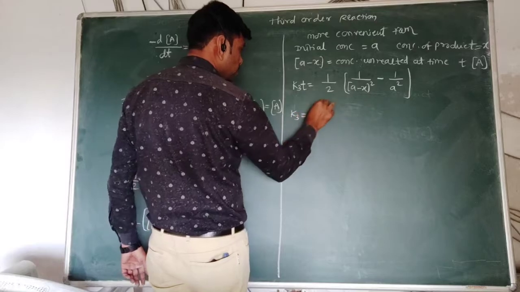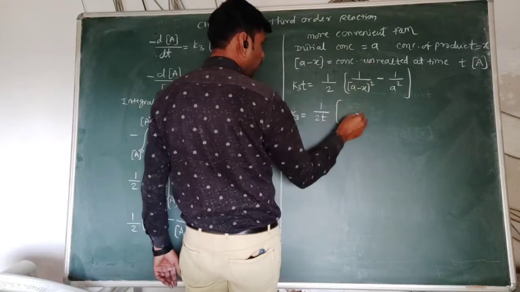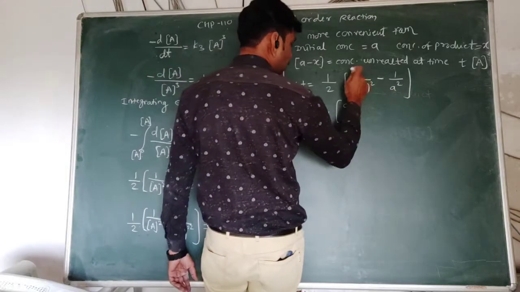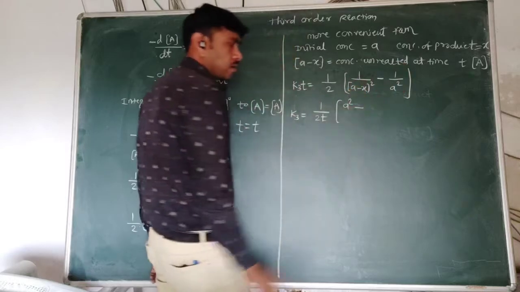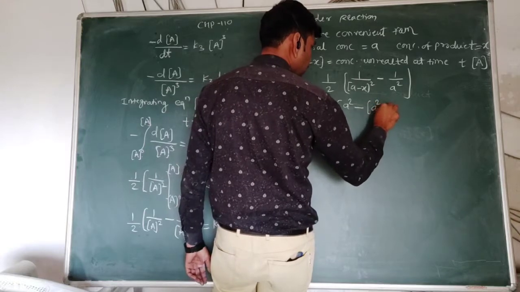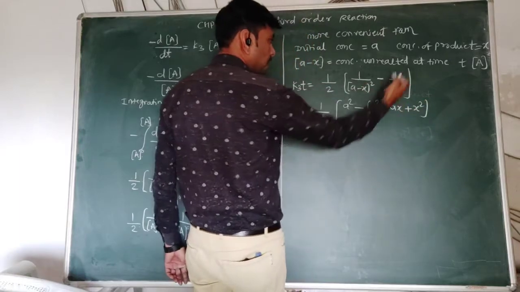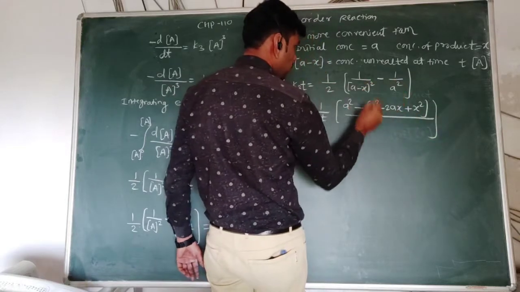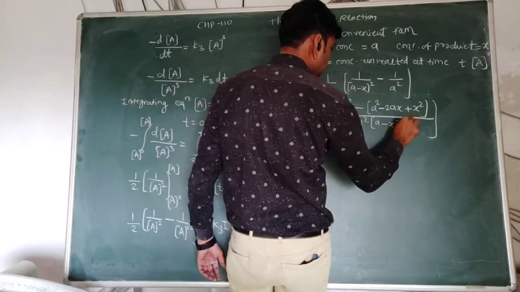So for K3 it is 1 upon 2 t, making the denominator the same. For this purpose A square is multiplied here, minus this term multiplied here, and by opening the bracket the expansion can be written in this way: A square minus 2ax plus x square, divided by the multiplication of these, making the denominator the same, A minus x bracket square.